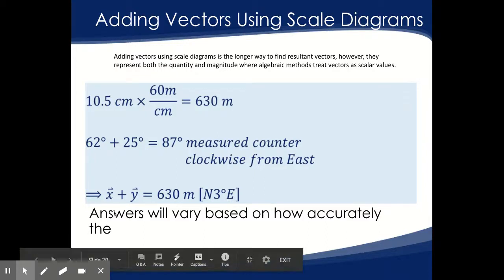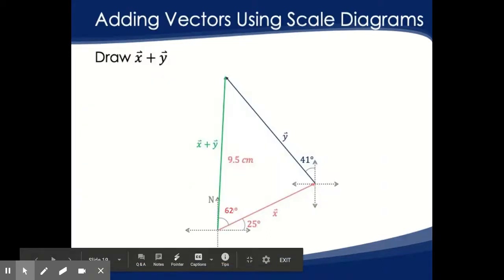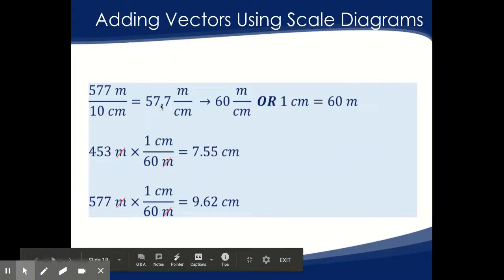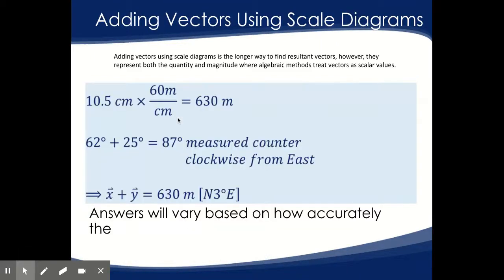Okay, so your answers will vary just a little bit based on how accurately your vectors were measured. So if you scaled them slightly wrong, or you settled on a different number for the scale, like if you went ahead and rounded your scale here to 58 instead of 60, you'll have just slightly different numbers.